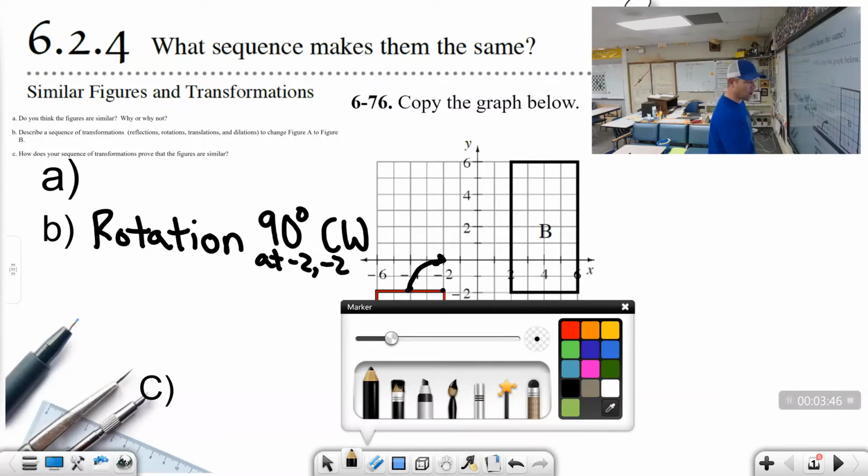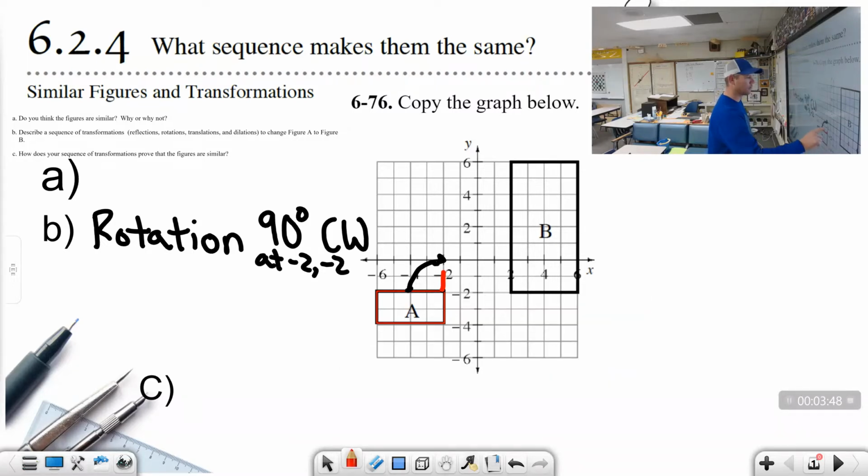So I should go ahead and draw that side. Now this bottom edge is going to swing 90 degrees there, so it's going to be on the bottom there. So let's go ahead and draw that in. There's the bottom edge, and hopefully you can see the rest of the shape is going to be right there. This is after a rotation off that corner, -2, -2.